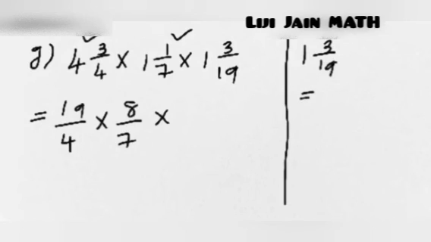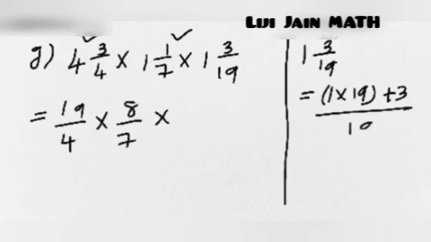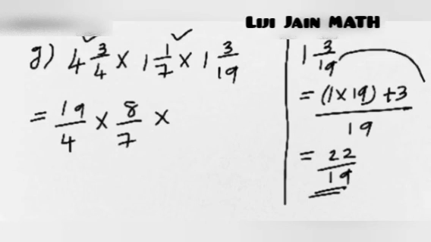Whole number is 1 into denominator 19, plus numerator 3, whole divided by denominator 19. 1 into 19 is 19, 19 plus 3, what is 19 plus 3? Yes, 22. 22 by 19. So the third mixed number 1 3 by 19 has been converted to 22 by 19, isn't it?